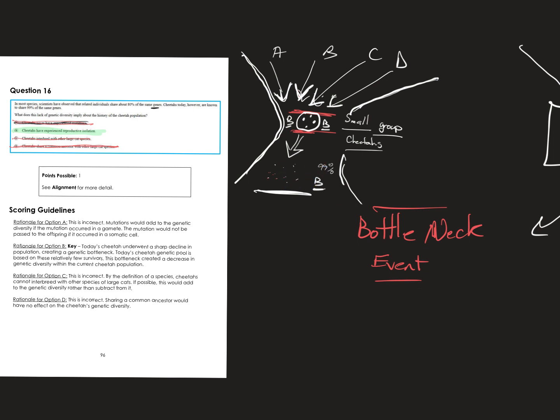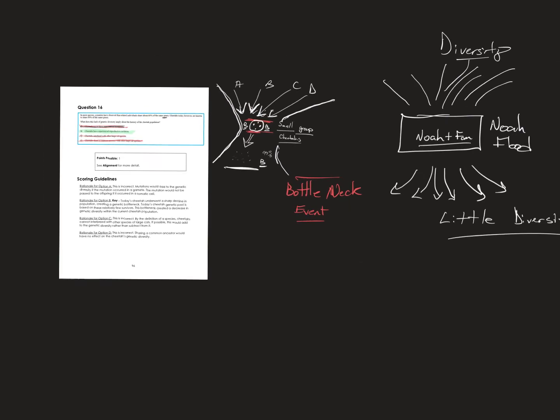What could that event have been? Maybe something came and killed off the A's, C's, and D's. Maybe there was an earthquake and isolated the cheetahs into one group, and only the B cheetahs were present. One of those genetic drift situations that led to a bottleneck. Genetic isolation led to this.